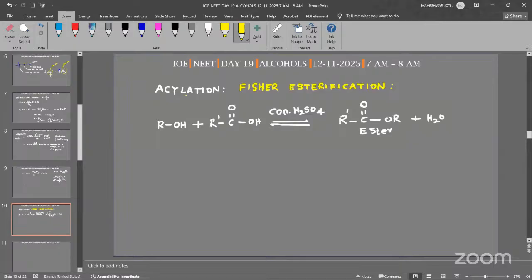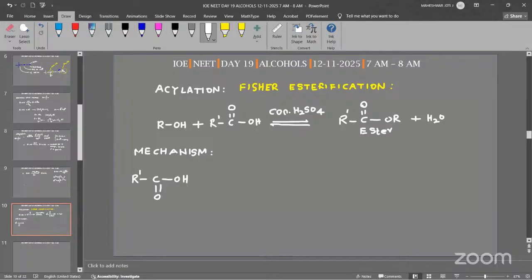Now let us see the mechanism for this reaction. See, R C double bond O OH.